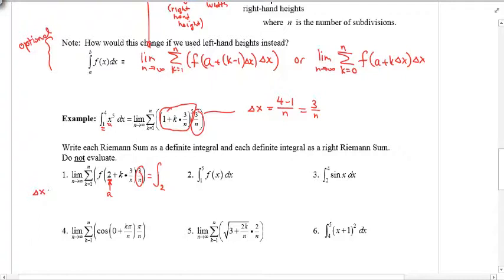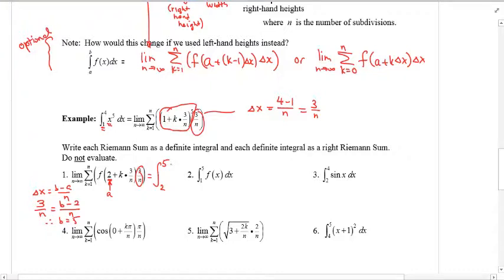So delta x once again is b minus a over n. Since delta x is 3 over n, and I know the a value is 2, then I should be able to figure out the value of b. What minus 2 gives you 3? Yeah, so therefore b equals 5. So there you have it. I'm looking for the integral from 2 to 5.